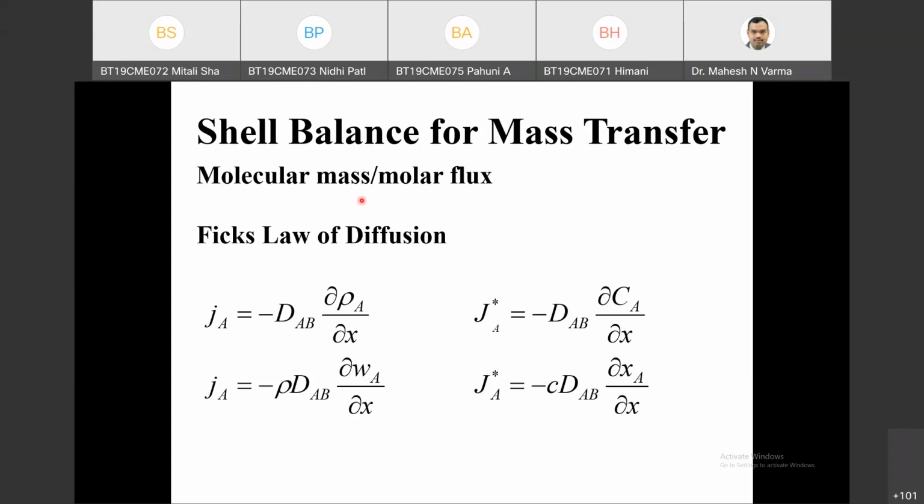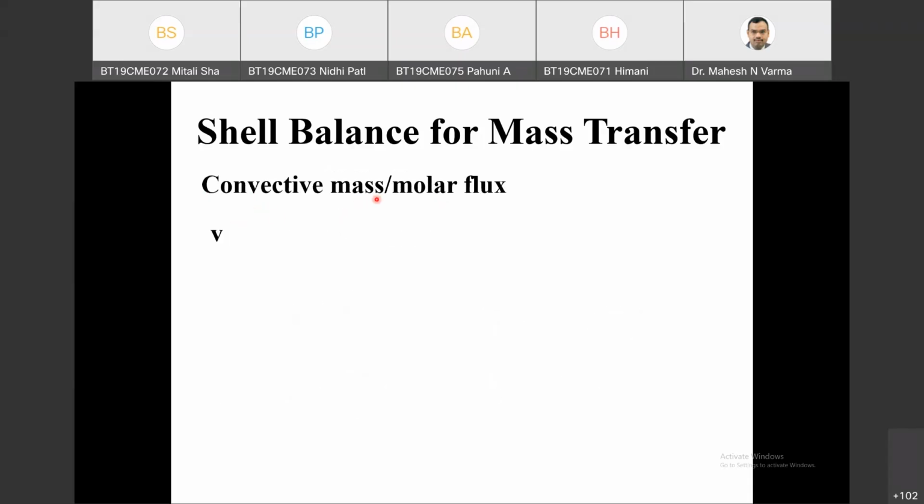And as we have been discussing from the start, mass transfer will be associated with both modes of mass transfer whenever it occurs. So we will add the convective mass transfer, which will be associated with a velocity. Let us say v is a velocity. Vx is the x component of velocity, or velocity in x direction.